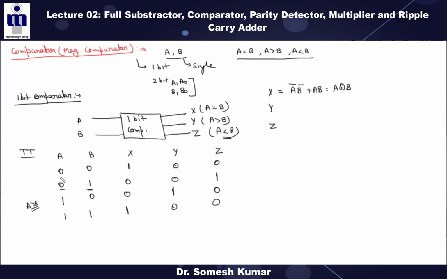Next, what is Y? It is clearly seen that Y is basically A B bar. What about Z? Z is also clearly seen: A bar B. So these are your X, Y, Z, and they can't be further minimized.